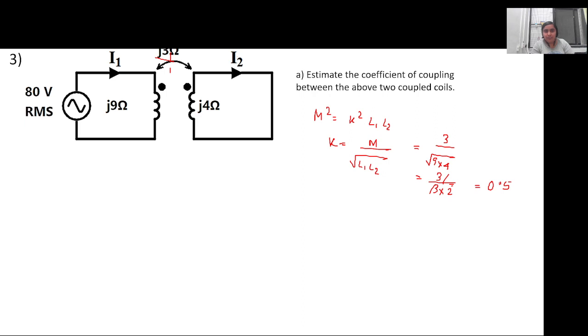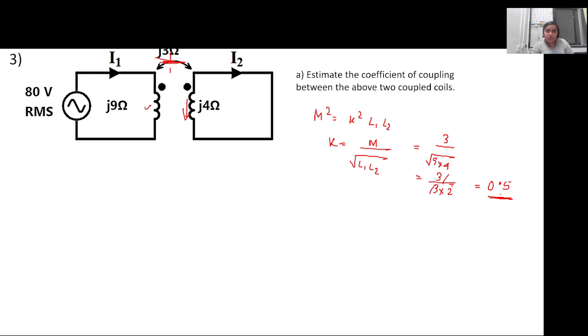This means that of the flux generated in the first coil, 50% is linked to the second coil, because of which this mutual inductance comes up. So the coupling coefficient is the amount by which the flux produced in the first inductor is linked to the second one.